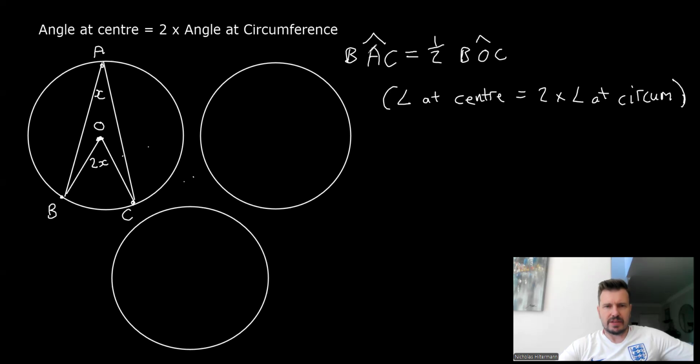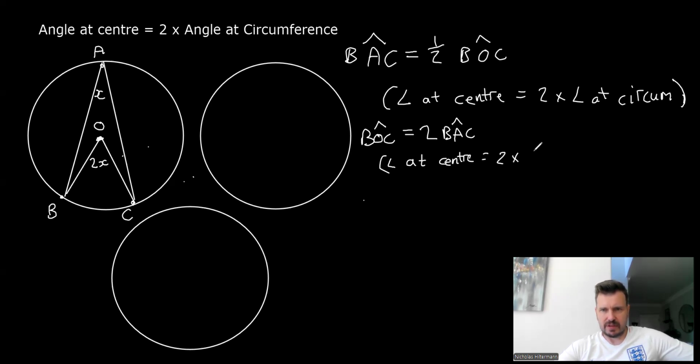So either that or angle BOC is equal to 2 BAC. These are the same thing, just different ways of doing it. So let me write this full one properly. Angle at center equals 2 times angle at circumference.